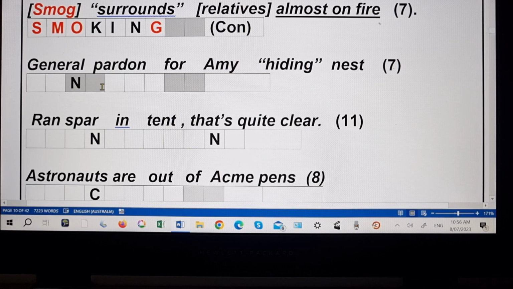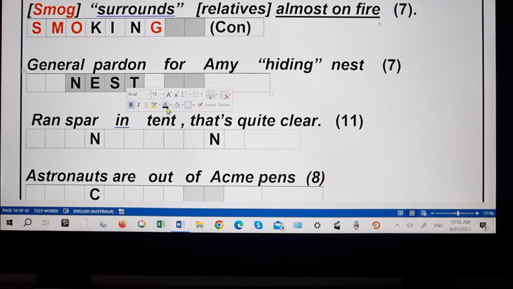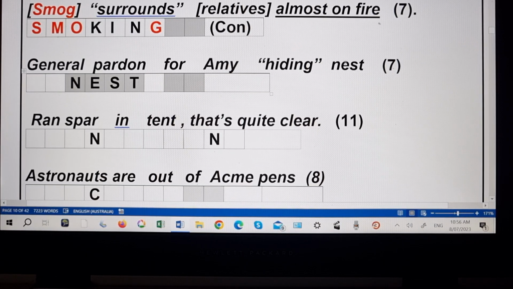If that's a nest... and this is what you do. You can use what you see as a possible fodder. You can see the structure is a container, so you just put it in nest and see if it works. If it doesn't work, you start again.